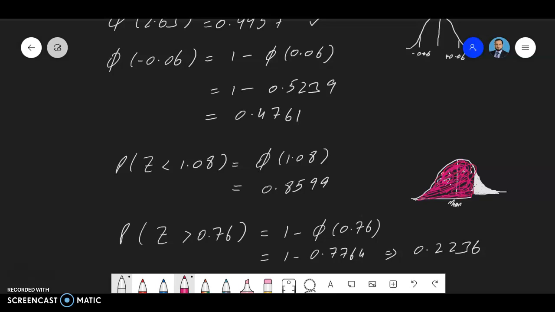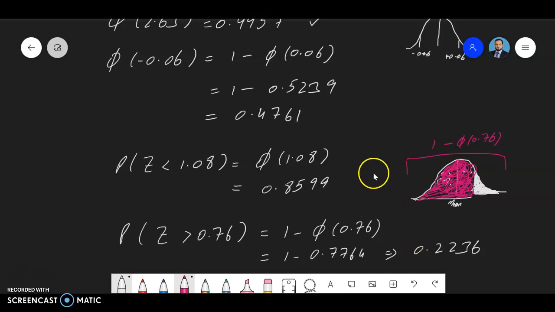Because the total area from here to here is 1 whole, by subtracting this region from it, which is phi of 0.76, we were able to find this white region over here.